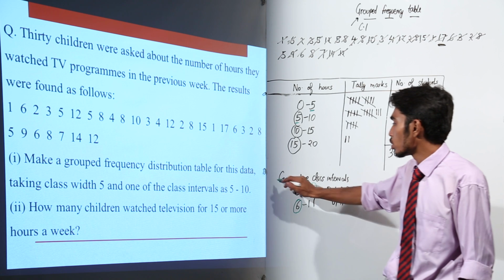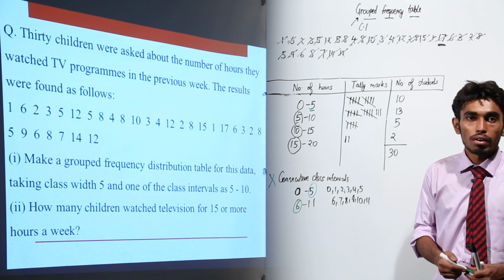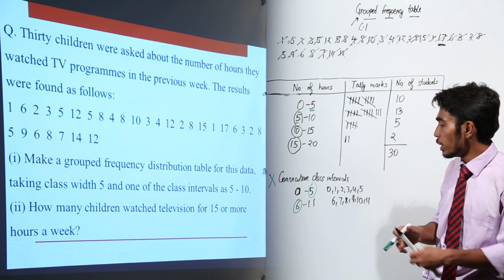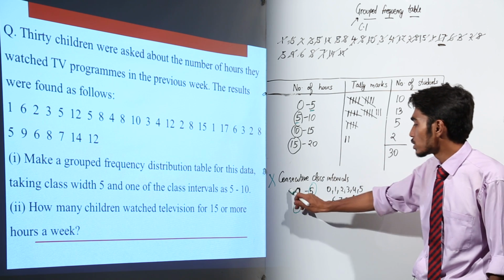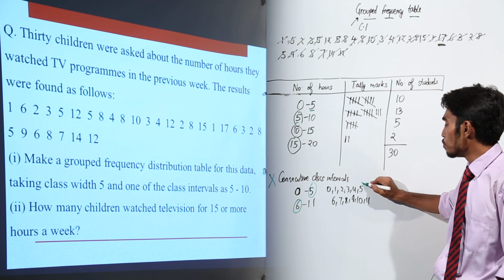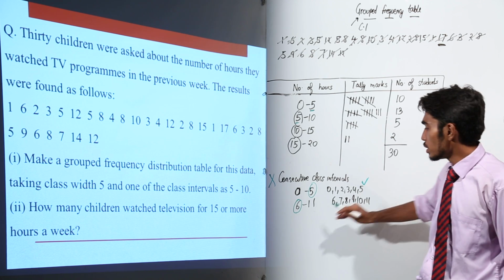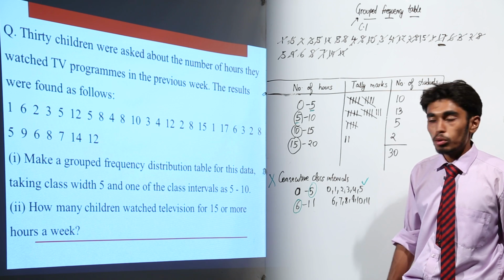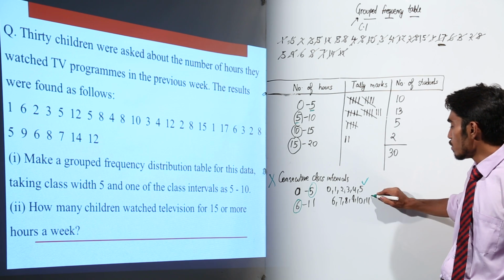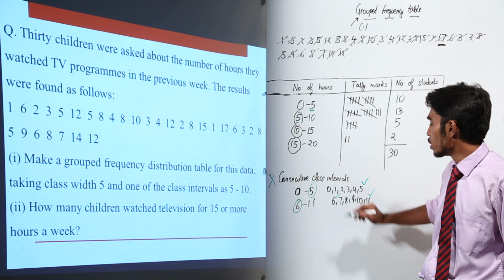So we can say that this is not a consecutive class interval, right? If you have a student who is watching the TV program for 5 hours, then it will definitely lie in the first class interval only, because the next class interval does not have a 5 there. And if a student is watching a program for 6 hours or 11 hours, 11 will be included in this and 6 will be included in this, right?